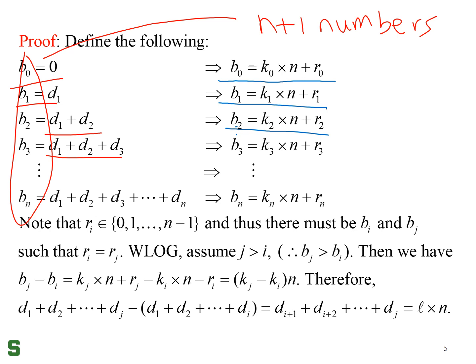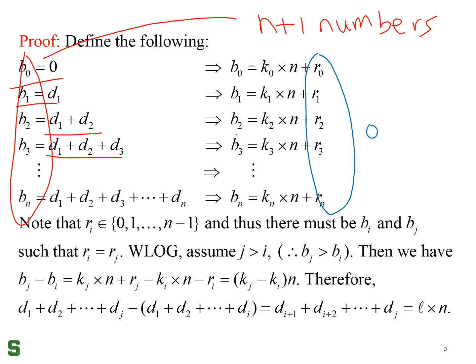Next, I'm going to only focus on these remainders. Once again, where do these remainders come from? Well, the remainders have to be from 0 to n minus 1, because I'm dividing by n. That means the remainder has to be less than n and it can't be negative.